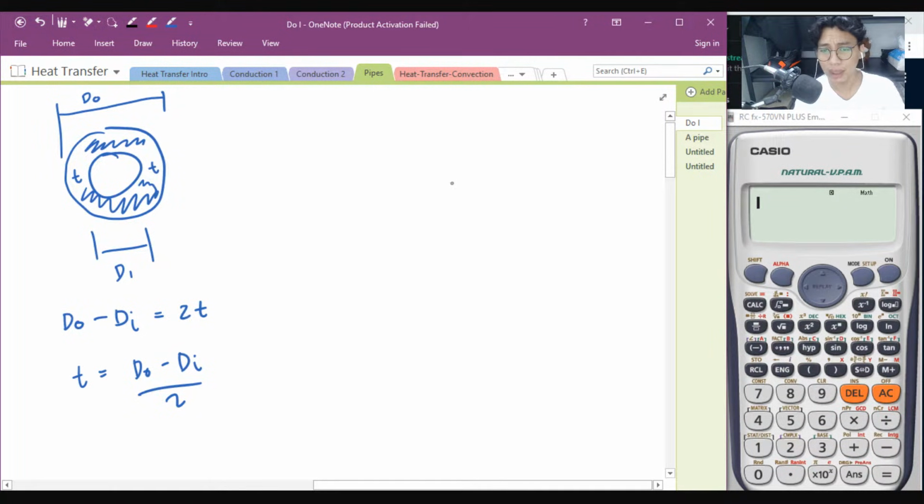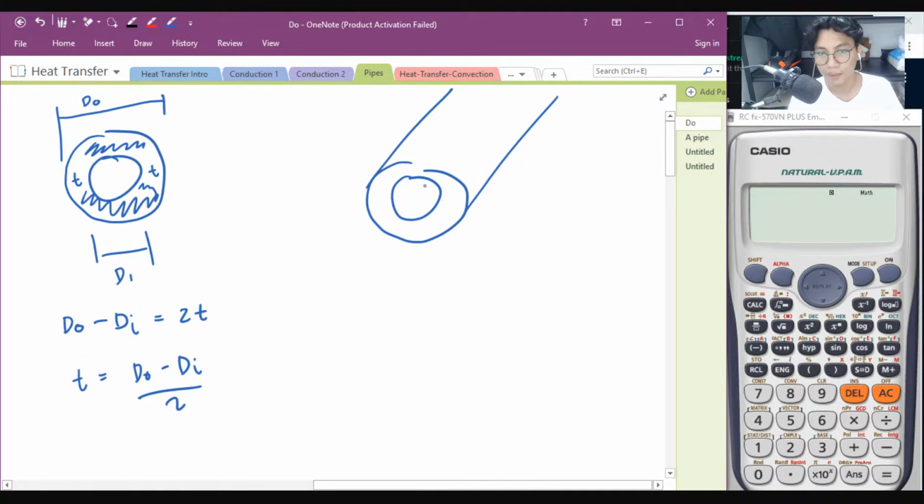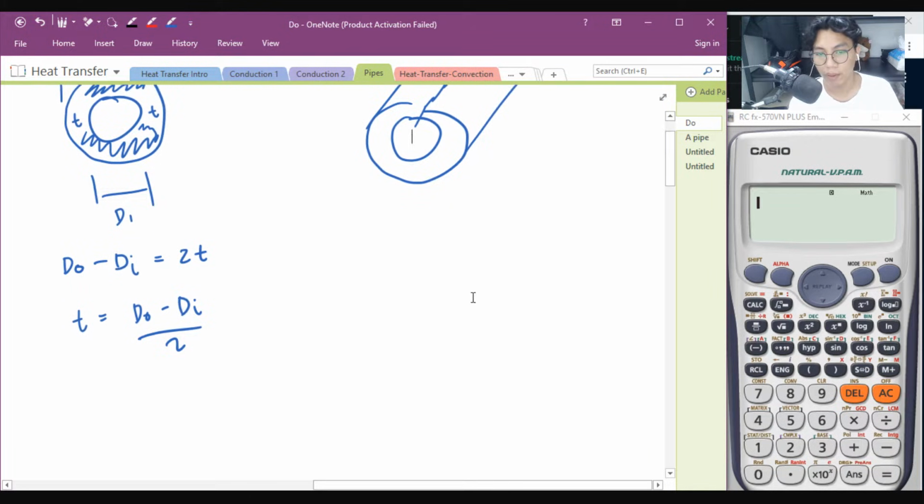Now, if you cut the pipe, sorry, if you cut the piping, if you have this cylinder, okay, this is your pipe, okay? Sorry sa drawing ko, ha? Huwag malikot ang utak. If you cut this pipe along the length, okay, para kang gumawa ng figure. Yes or no?